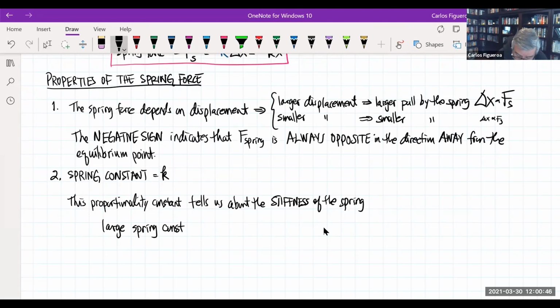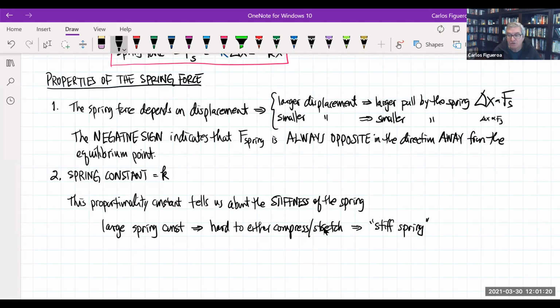what it does here is that we call it a stiff spring, but what it means here is that it's hard to either compress or stretch. And when this is the case, this is what we call a stiff spring.